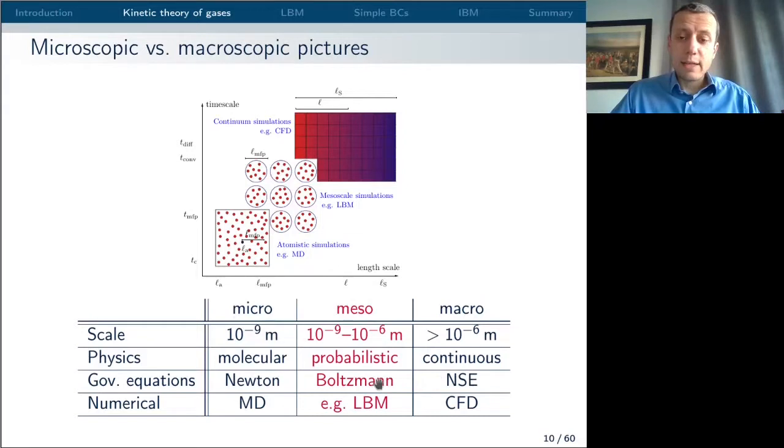It is a bit less common in the literature. Methods you can use are, for example, Lattice Boltzmann, but there are also other solvers for the Boltzmann equation. Actually, the Lattice Boltzmann method is not really a solver for the Boltzmann equation. It is only rooted in the mesoscale, and it's based on the Boltzmann equation, but it is not really a Boltzmann solver.